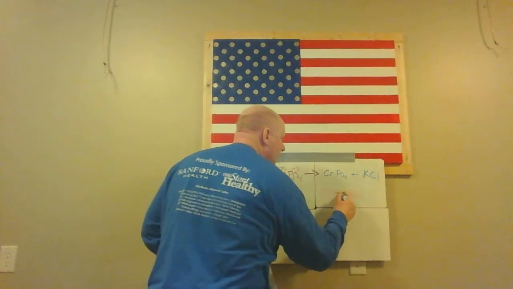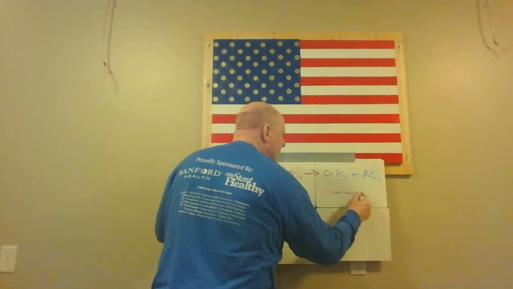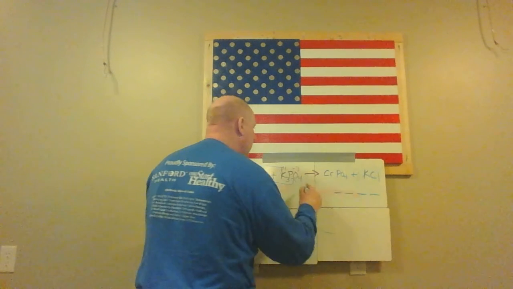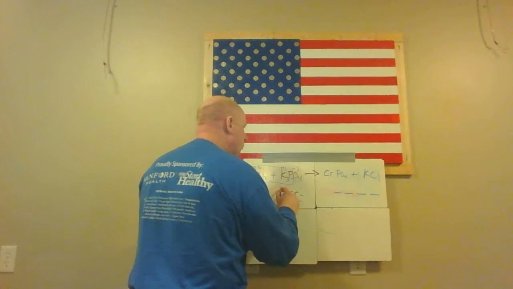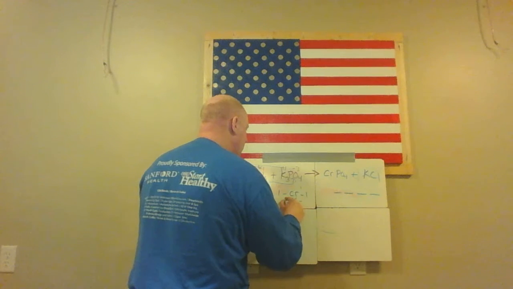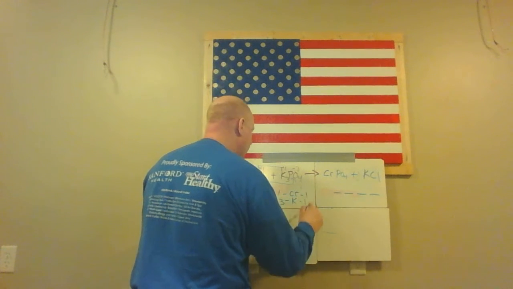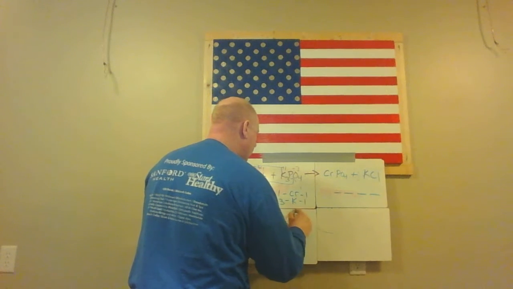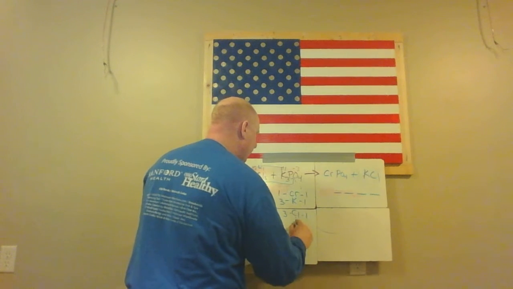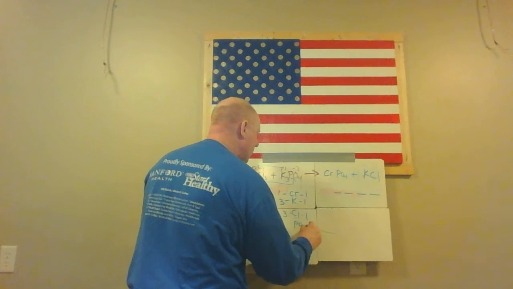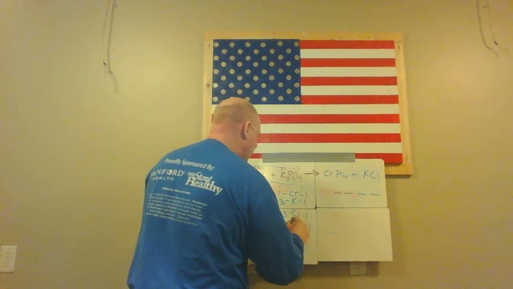Then the last thing we have to do is balance that. So we've got some chromium, we've got some potassium, we've got 1 and 1, and 3, 1. The chloride ion, I see we got 3 on the left, 1 on the right, and then the phosphate ion, we've got 1 on the right and 1 on the left.